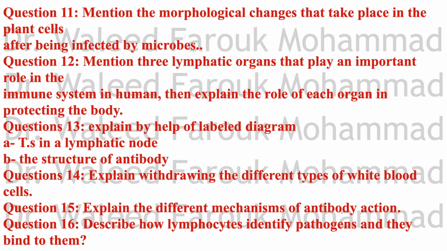The thymus gland, for example, secretes thymosin hormone that stimulates maturity of T cells. The bone marrow, another example, is responsible for the production of red blood cells, white blood cells, and blood platelets.